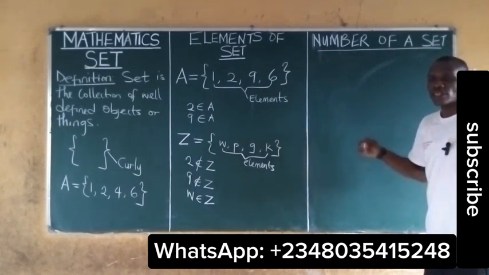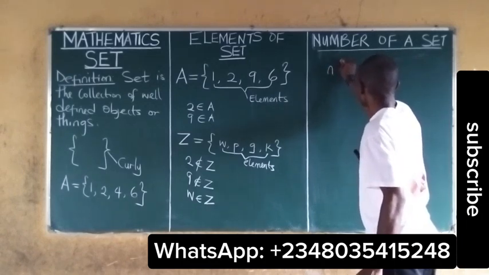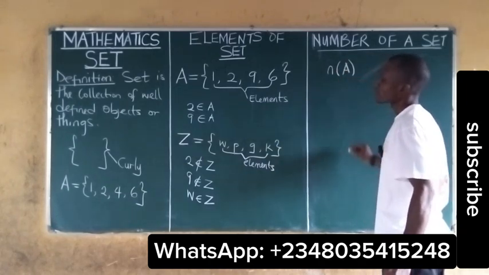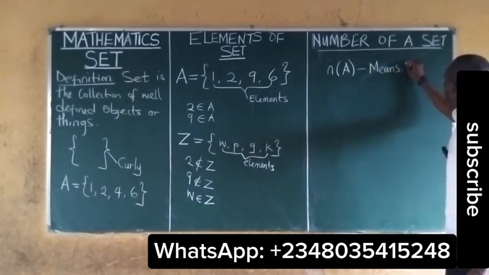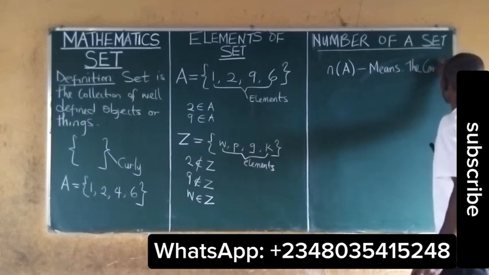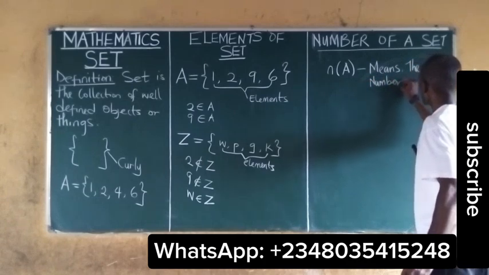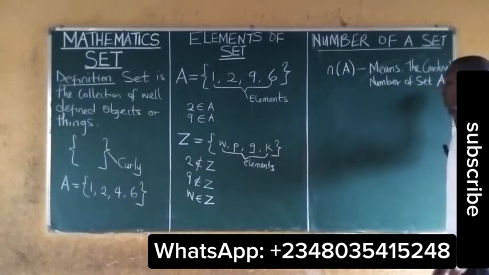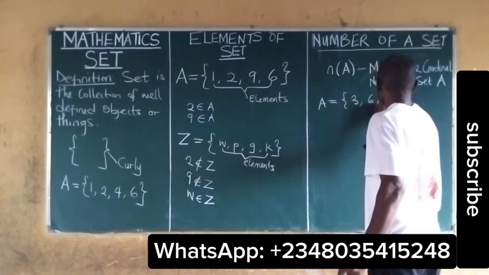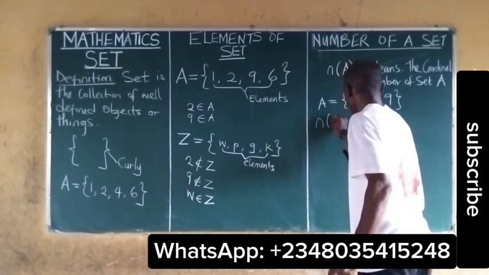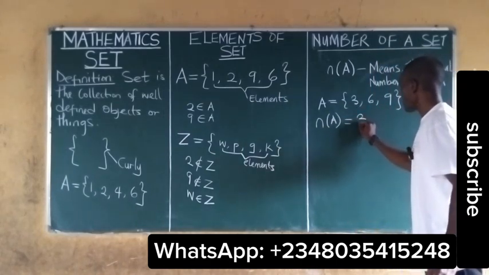The number of a set is called the cardinal number of a set and is denoted by n(A), the cardinal number of set A. For example, if we have A equal to 3, 6, 9, the cardinal number of set A is 1, 2, 3, which is 3.